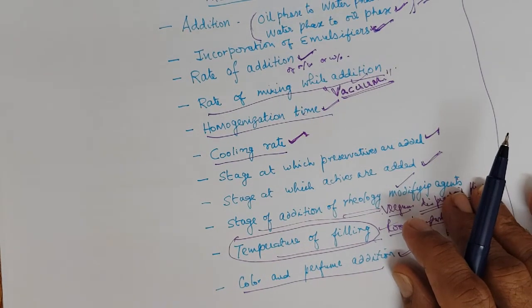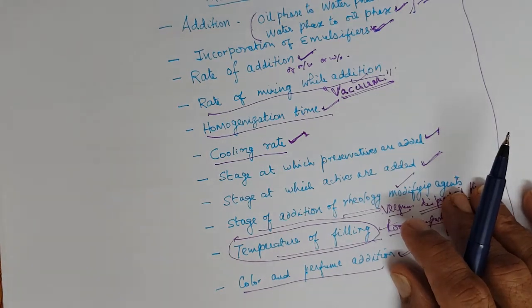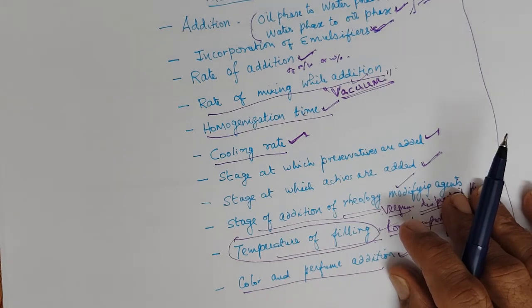When you make a 1 ton batch and circulate water at 4 degrees centigrade around the cooling jacket, that is the maximum you can achieve, but you should have good scrapers and mixer design. We also have to evaluate if the cooling rate has any impact on the emulsion characteristics. If so, we have to get the correct cooling rate for the emulsion.